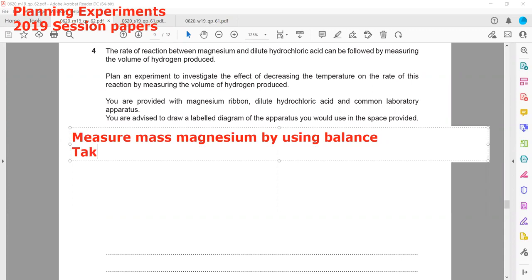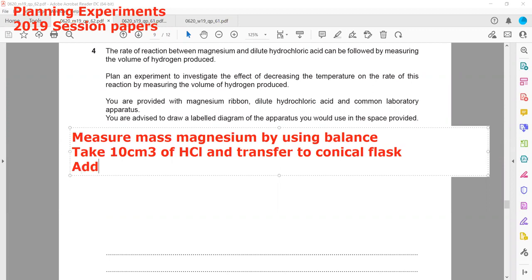Then we will take 10 cm cube of hydrochloric acid and transfer it to a conical flask. Then we will measure the temperature by thermometer.